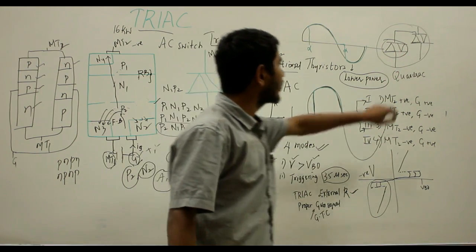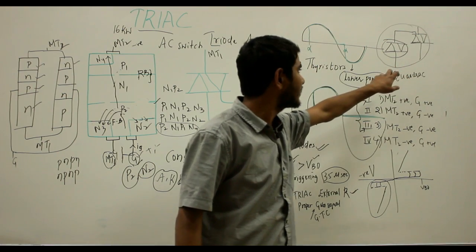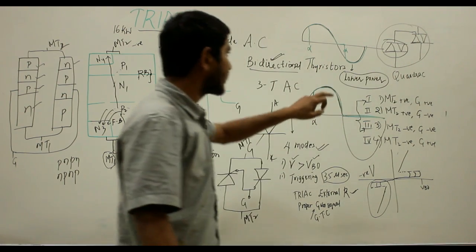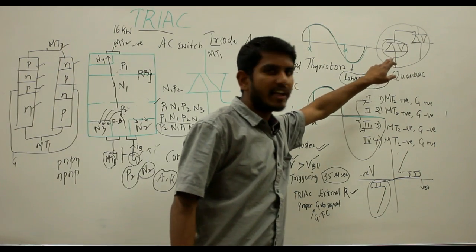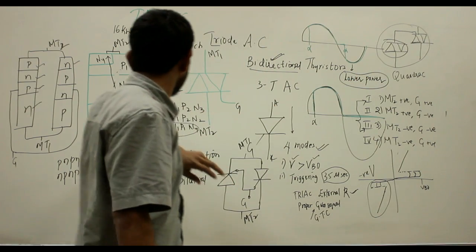So basically this combination is also used to prevent the asymmetrical switching occurring due to the triac. That is the main disadvantage, asymmetrical switching taking place due to the triac in the AC power switching applications.